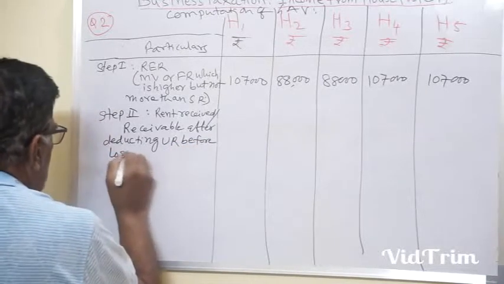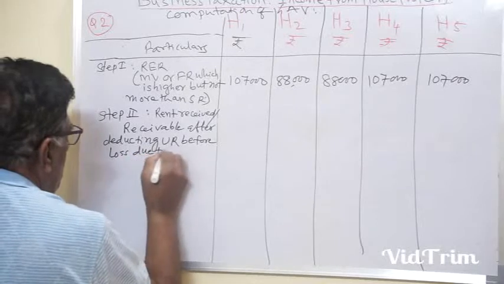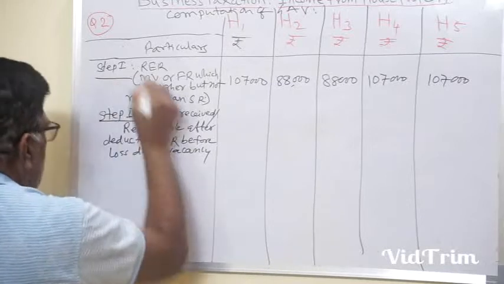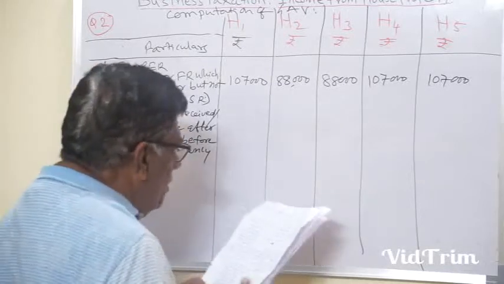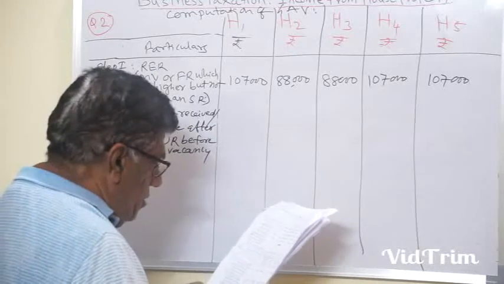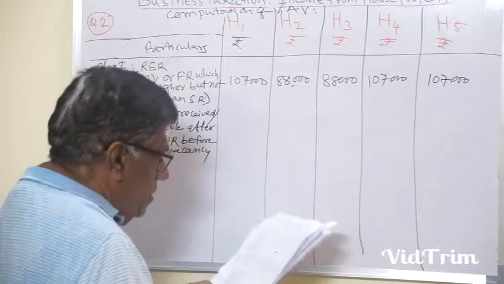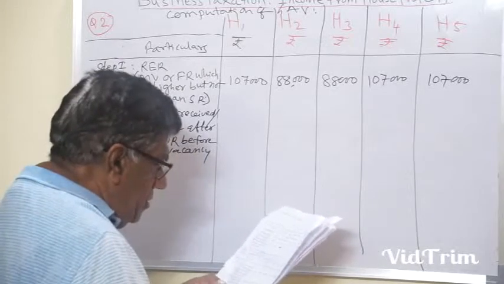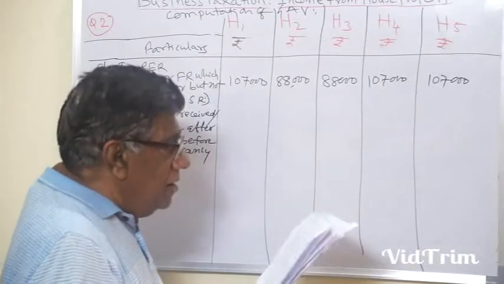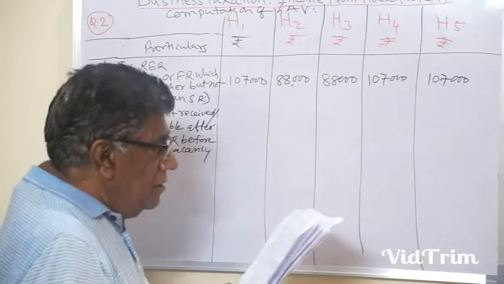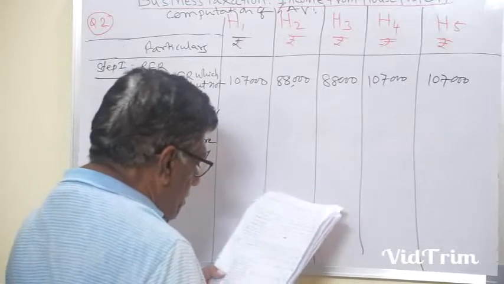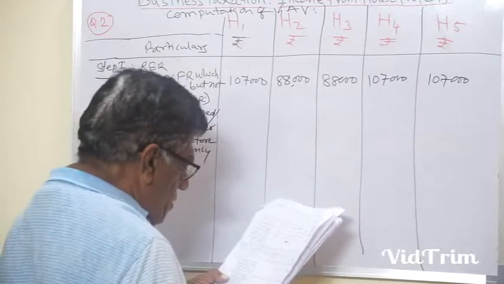Now here, the actual rent is 1,03,000, as per the problem. The amount of unrealized rent here is 1,000. So what will the figure be?